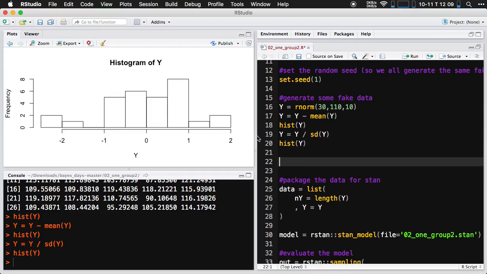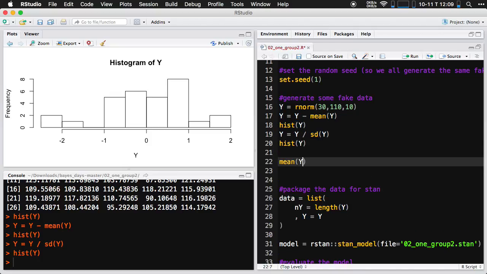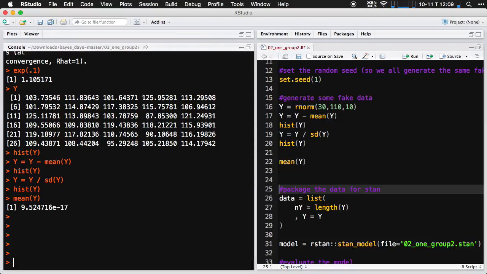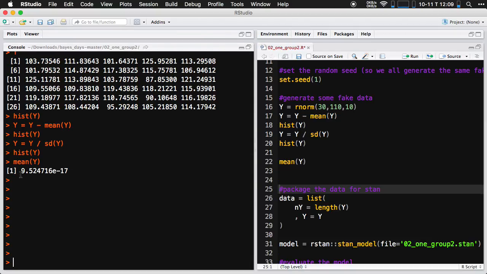Now that we have this new y, it should have a mean of about 0 and a standard deviation of about 1. If you actually compute the mean of y, it comes out to pretty much 0.